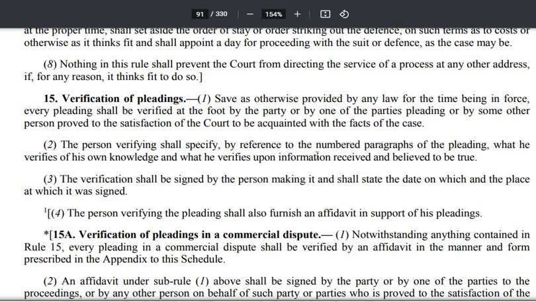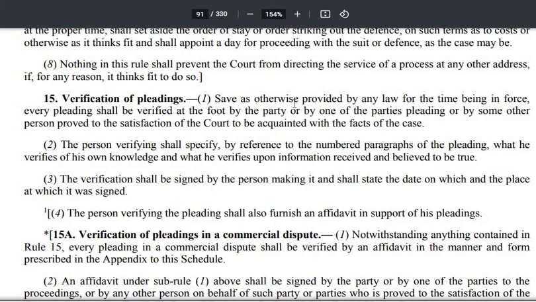Order 6 Rule 15: save as otherwise provided by any law for the time being in force, every pleading shall be verified at the foot by the party or by one of the parties pleading or by some other person proved to the satisfaction of the court to be acquainted with the facts of the case.